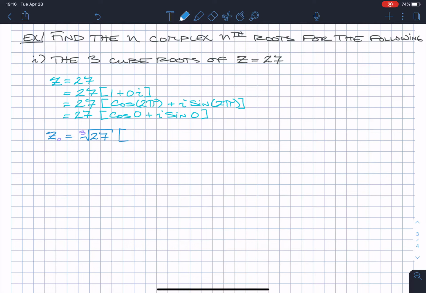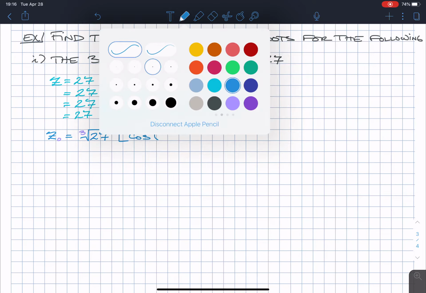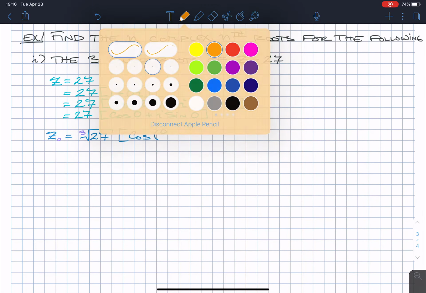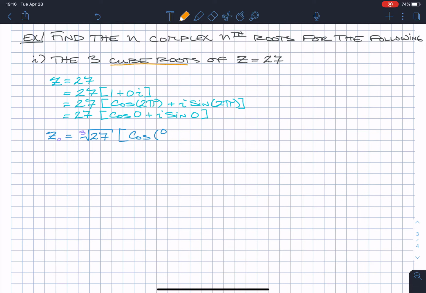But now what we're going to do, we're going to have cosine of 0 over n. So what is n in this case? The n is cube root, so the n is 3. Cube roots. So n is 3.